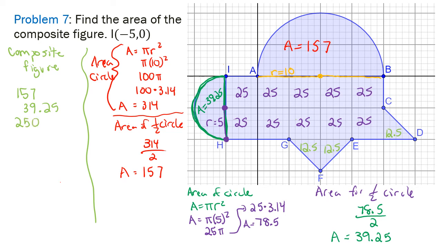And then 12.5 plus 12.5 plus 12.5 is 37.5. And we're going to add up all those numbers: 157 plus 39.25 plus 250 plus 37.5, which is 483.75 units squared.